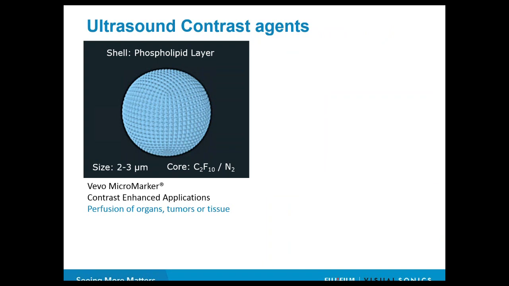These small gas bubbles are normally 2 to 3 microns in size, meaning they can easily travel throughout the whole vasculature. But the important point to note is that these bubbles stay within the vasculature, so they don't travel into any other tissue. And this is what allows us to really monitor perfusion using this MicroMarker contrast agent.